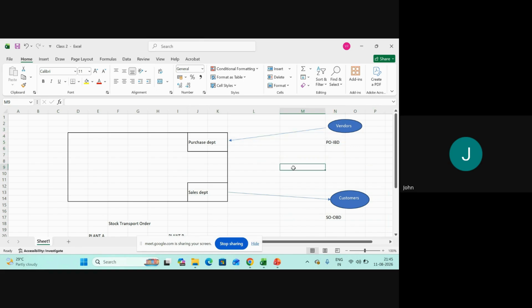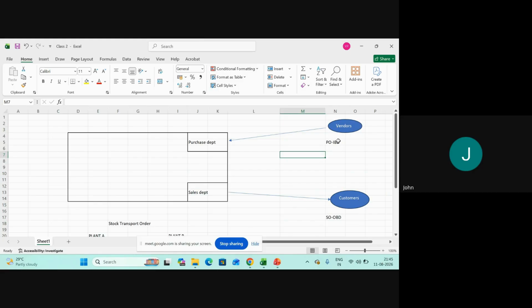See, the main motto of implementation of TMS is to reduce the freight cost. The second is planning. For example, I will send my trucks to a vendor. Some materials are incompatible with particular trucks.